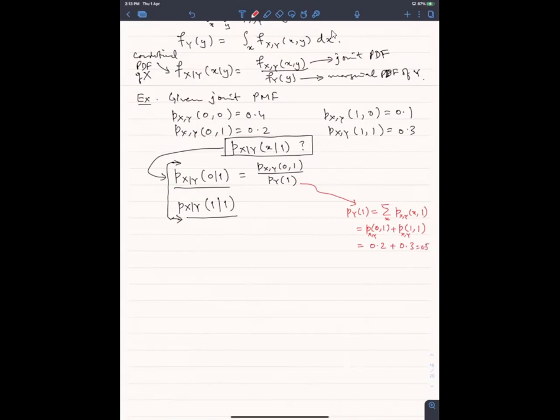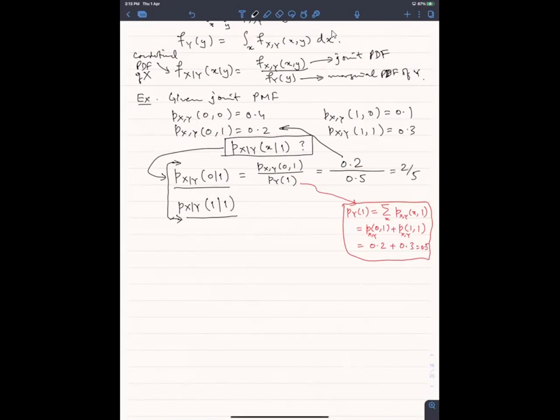So we got 0.5. We calculated this as a side note. Okay? So this would be equal to p x y at 0, 1, which is 0.2 from this table, divided by 0.5, which we have just calculated, which is equal to 2 by 5.